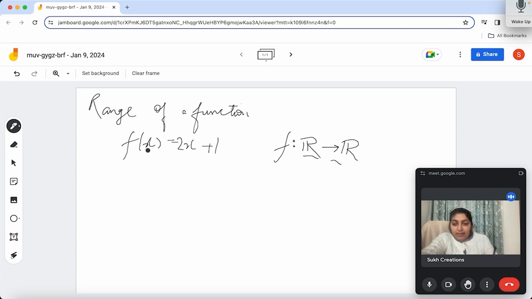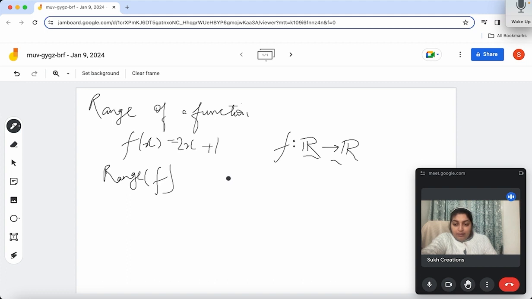In this case the range is all real numbers, right? For any real input the function produces a unique real output. So the range of f, whatever the function is, is the set of all possible values that f can take.